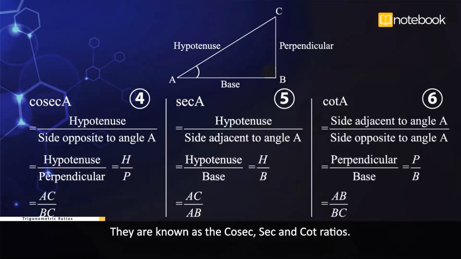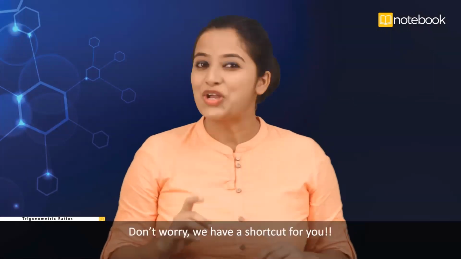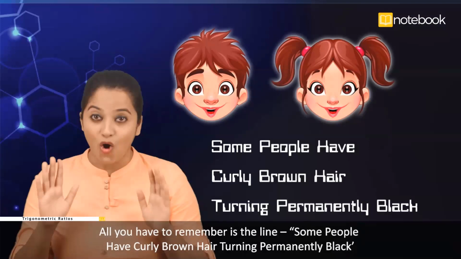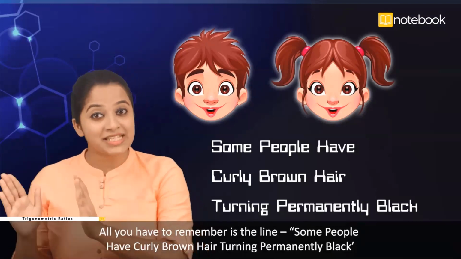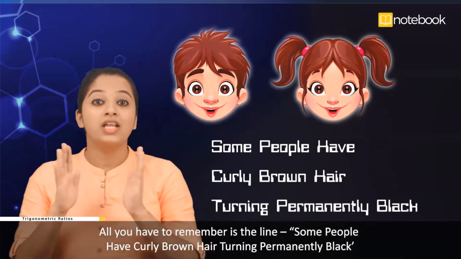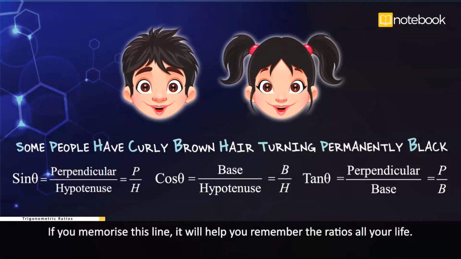This looks like a lot to remember, right? Don't worry, we have a shortcut for you. All you have to remember is the line, some people have curly brown hair turning permanently black. If you memorize this line, it will help you remember the ratios all your life. How? Let's see.